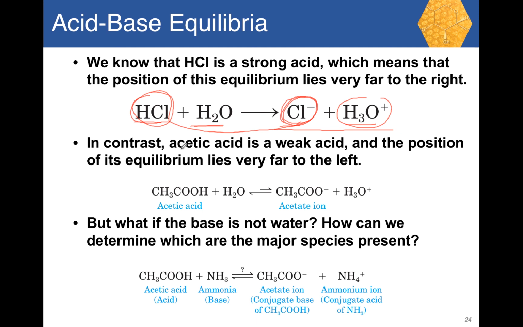In contrast, however, as we have seen, acetic acid is a weak acid. But the question now becomes, if you mix acetic acid in water and you mix HCl in water, what happens? Because HCl is a strong acid, the equilibrium will be all the way to the right. So after you've mixed it, you will only get this in solution and not HCl molecules.